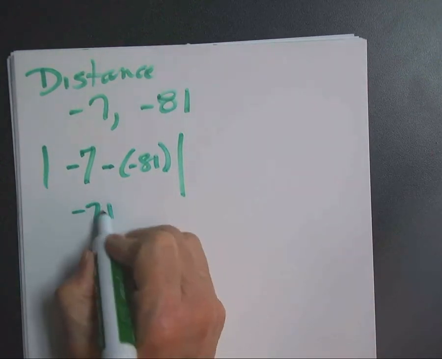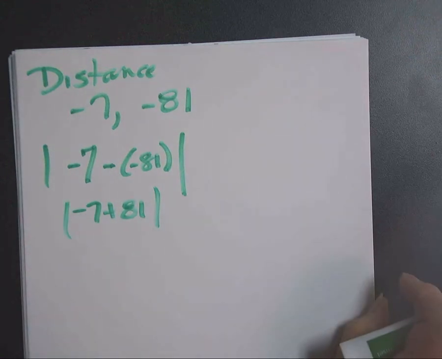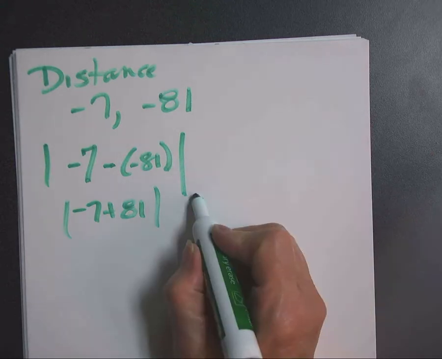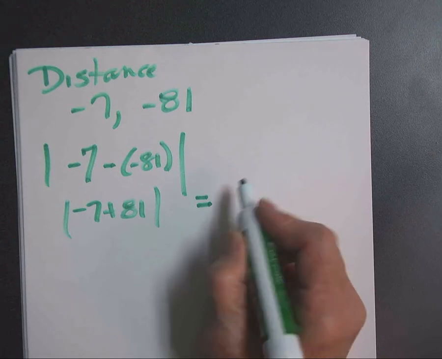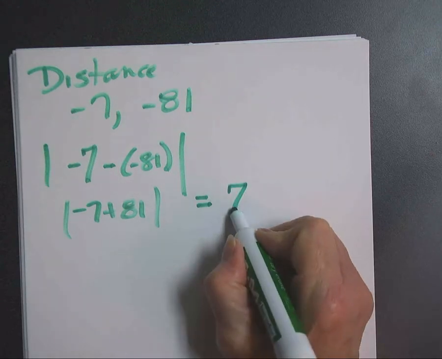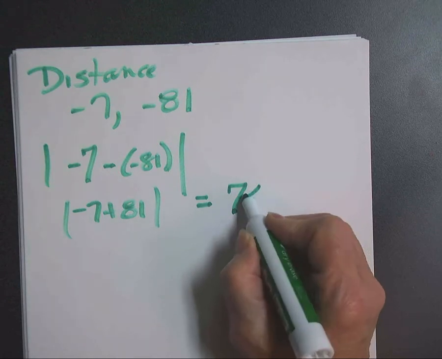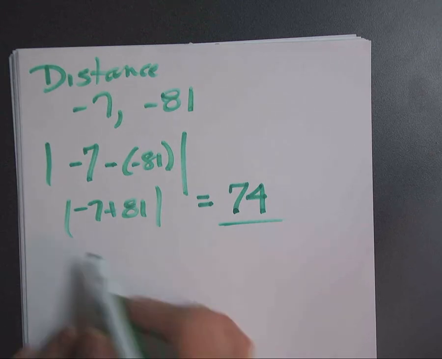So you have -7 plus 81. So you're really just subtracting the numbers, right? 81 subtract 7. Anybody? 74? Okay, so it's 74 apart.